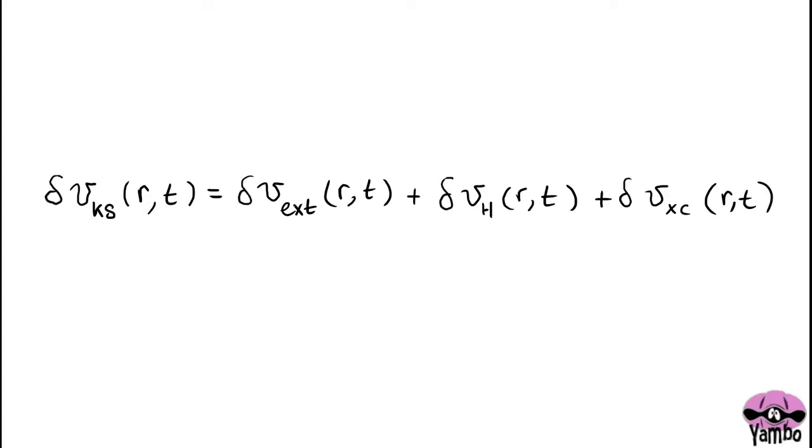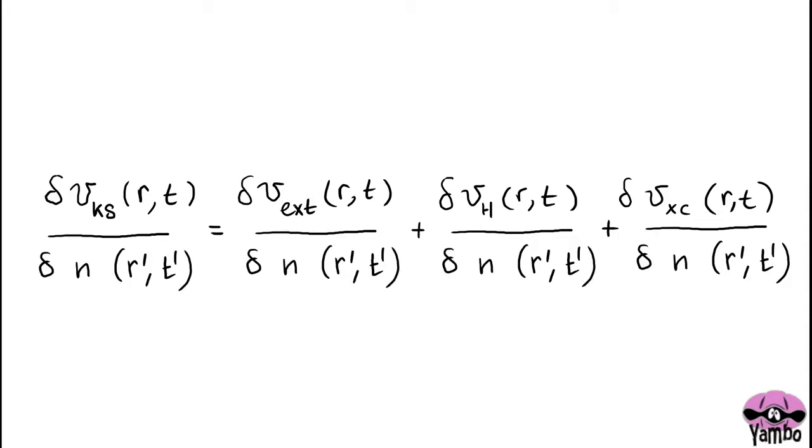So the variation of the Kohn-Sham potential is equal to the variation of the external potential, that is the initial external perturbation that one applied to the system, and then also to the variation of the Hartree and exchange correlation potential, which is a consequence of the fact that the density is changing, and those quantities are functionals of the time-dependent density.